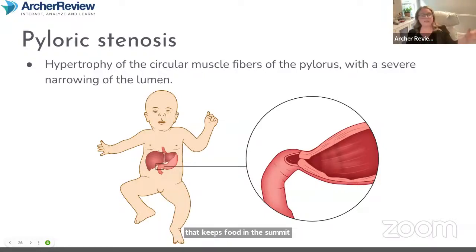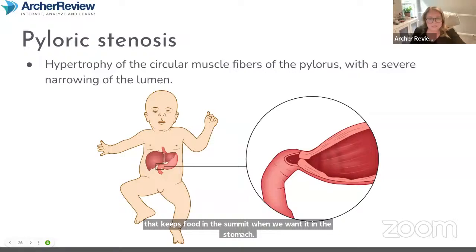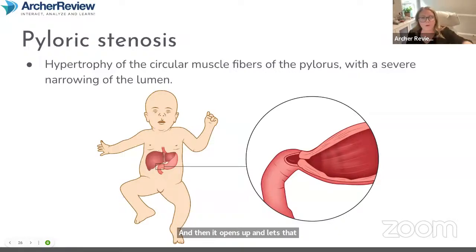And then it opens up and lets that digested stuff go into the intestines when it's the right time. So if that sphincter, if that gate gets swollen, big, hypertrophied, it's going to kind of block food from being able to move from the stomach to the intestines.